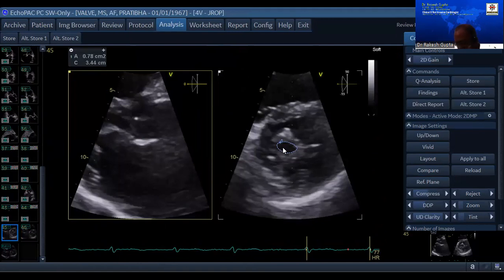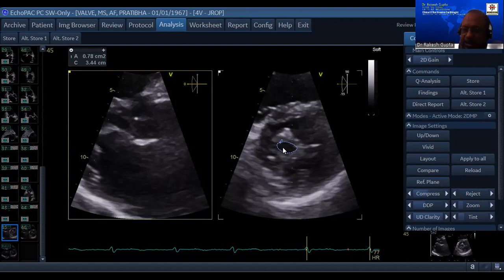Sir, first we'll take the papillary muscle level, then we'll tilt the probe, and when we get the first mitral valve, that will be the round tips. That is what we'll take.